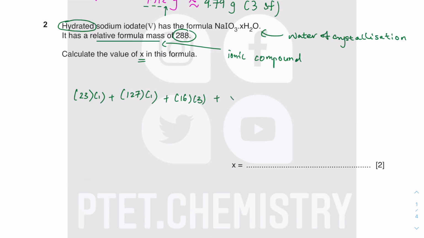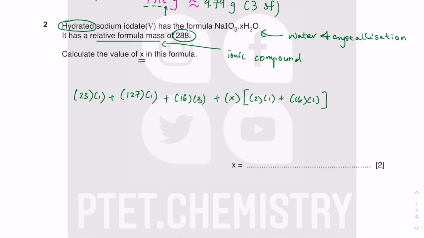And then I have X number of water molecule. For 1 water molecule, I have 2 hydrogen, so 2 times 1, plus 16 times 1. It really does not matter if you do 1 times 2 or 1 times 16, as long as you've understood the idea of 2 hydrogen atoms and 1 oxygen atom. There are X number of these water molecule.